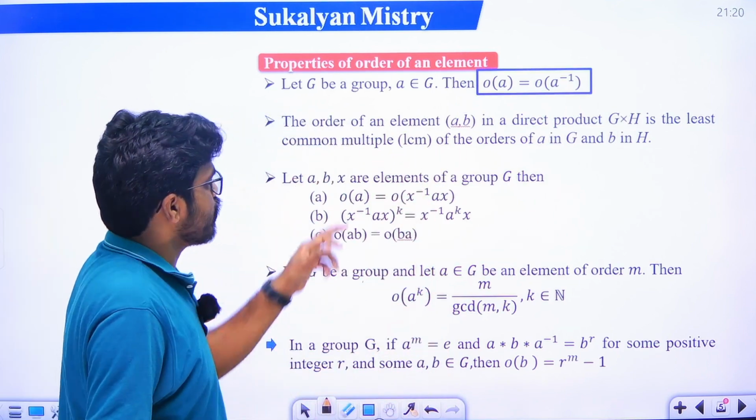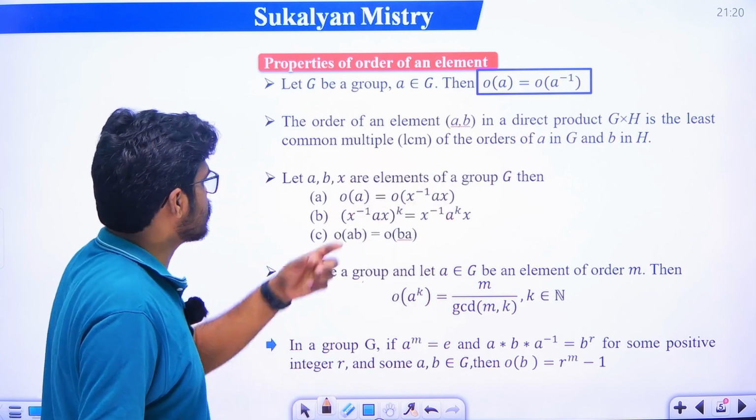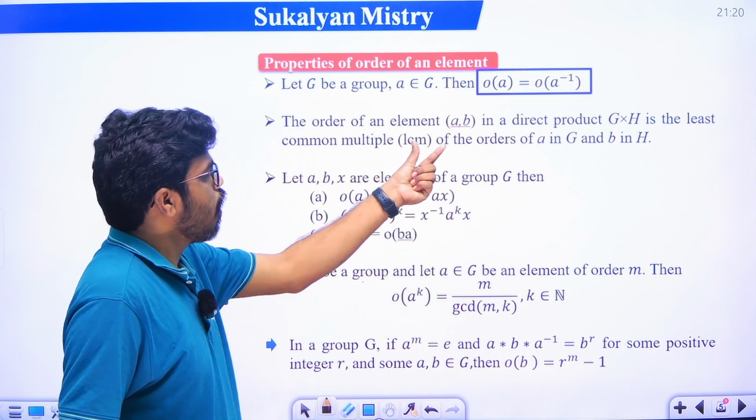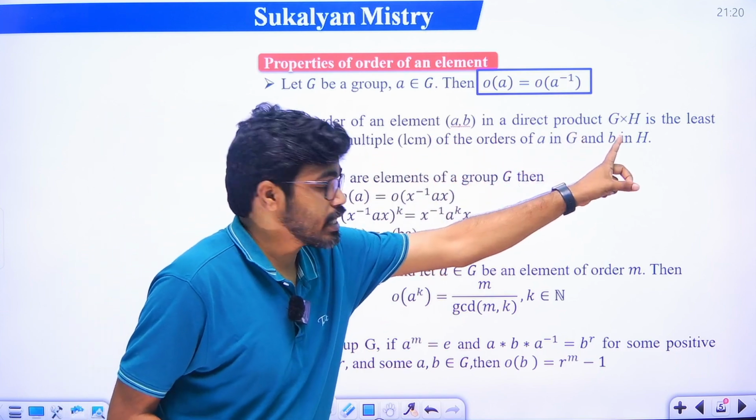The order of an element A comma B in the direct product G cross H is the least common multiple of orders of A in G and orders of B in H. What does it mean?